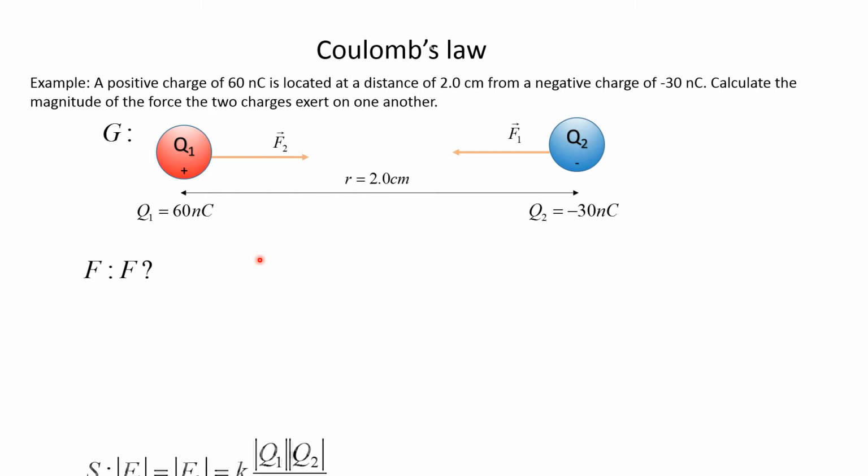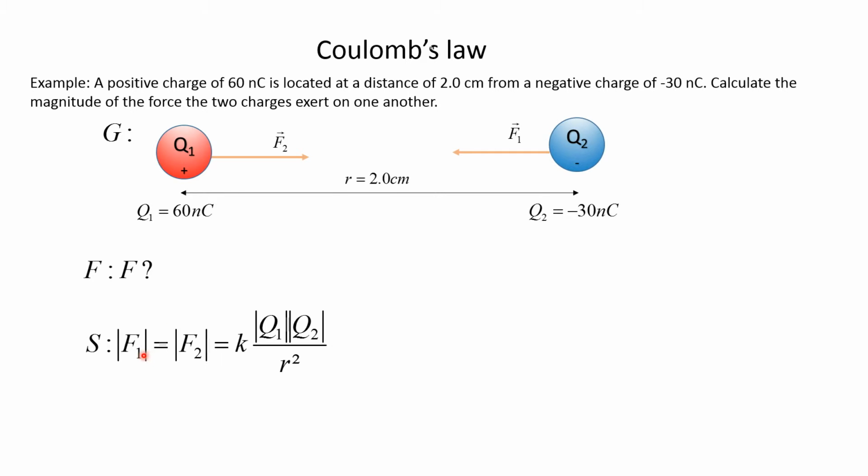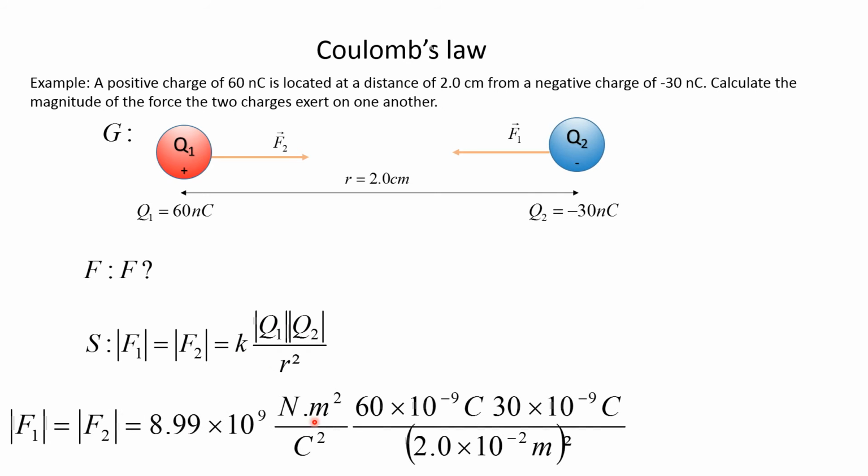We have to find the force, and the solution is of course using Coulomb's law, which is given here again. We fill in everything we know, so K is 8.99 times 10 to the 9th, Q1 is 60 times 10 to the minus 9th coulomb, nano is 10 to the minus 9, and 30 times 10 to the minus 9th coulomb.